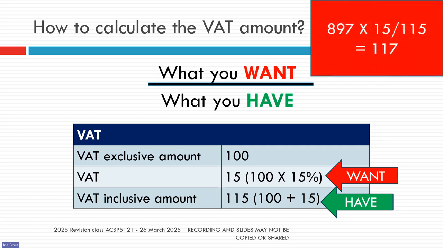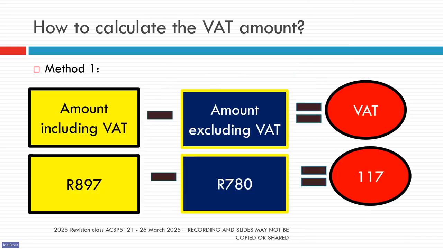So if you look at the top right of your screen, the formula I can use is my 897, multiplying it with 15, divide by 115. So the what I want, divide by what I have, and once again, it gives me the 117. I'm getting exactly the same answer as if I just subtracted the VAT exclusive amount from the VAT inclusive amount.